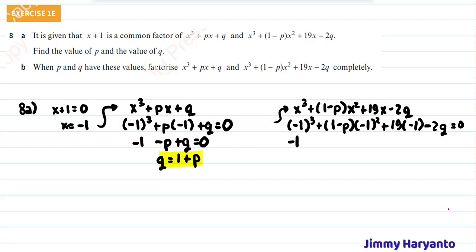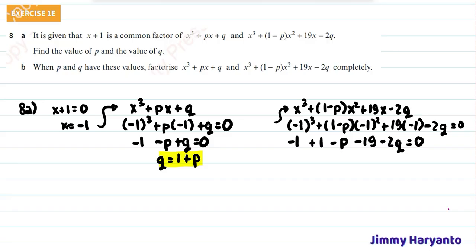So negative 1, and then this one is 1 times 1 equals to 1. 1 times negative p equals to negative p, and then negative 1 times 19 is negative 19, and then negative 2q equals to 0. Negative 1 and 1 cancel out. I will move the negative 19 to the other side.